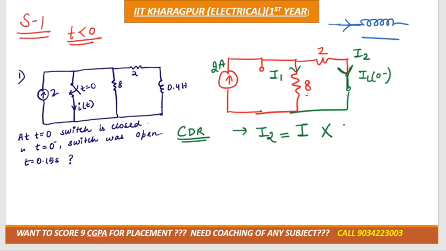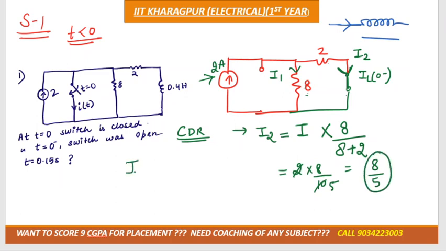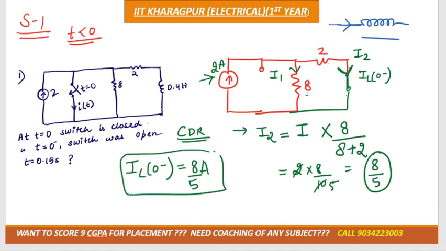Opposite branch is 8 ohm divided by sum of resistors which are connected in parallel, so 8 plus 2. Total current they have given is 2. So 2 into 8 divided by 10. 2 5s are 10, so it would be 8 by 5. IL of 0 minus is equal to 8 by 5 ampere. Understood this part?